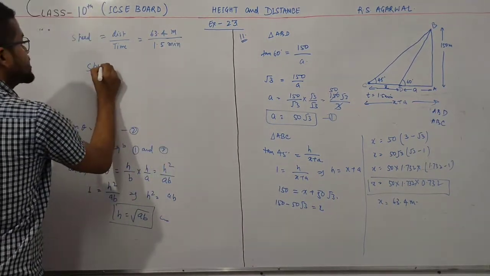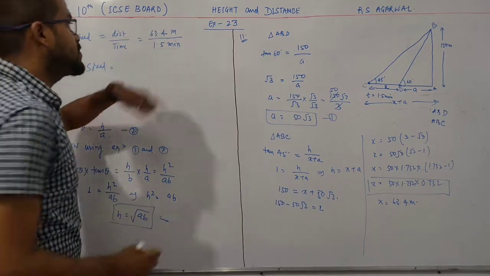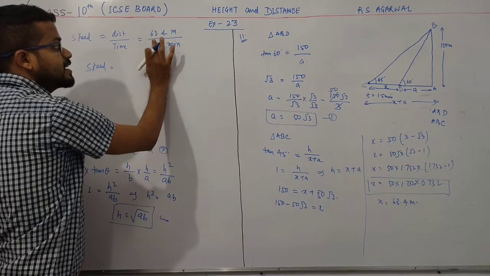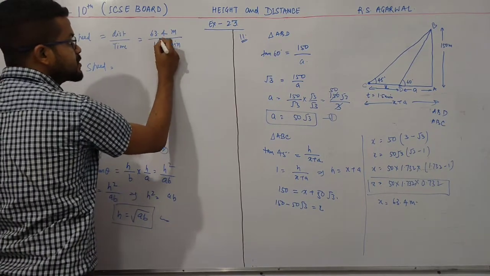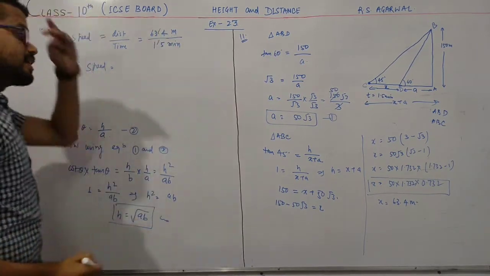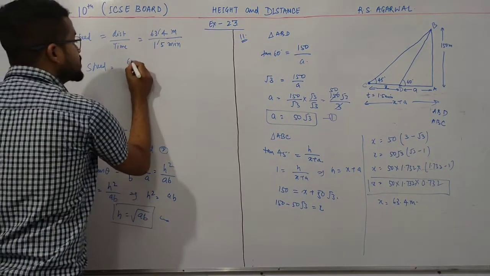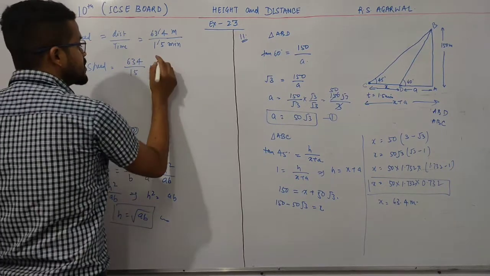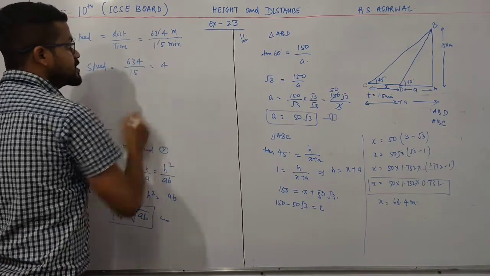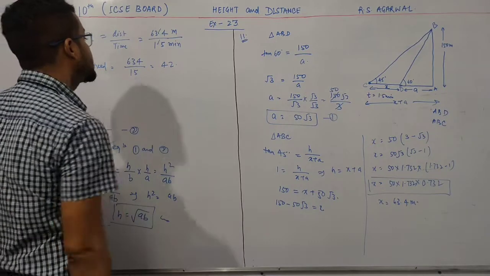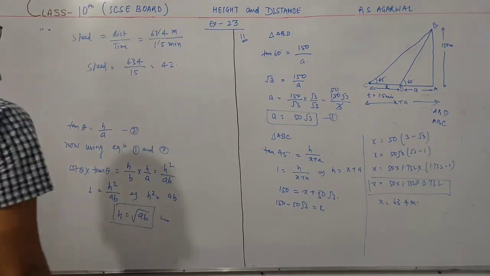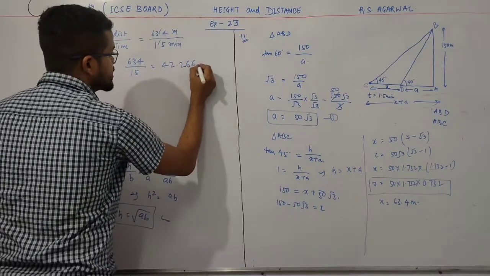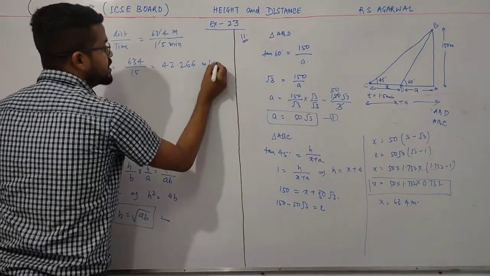So speed is equal to 63.4 upon 1.5. Here the decimal is after the unit place, and here also, so I cancel both decimals. So this is 634 and this is 15. Now divide this. So 15 4s are 60, the remaining is 4, and so on. So this is in meters per minute.